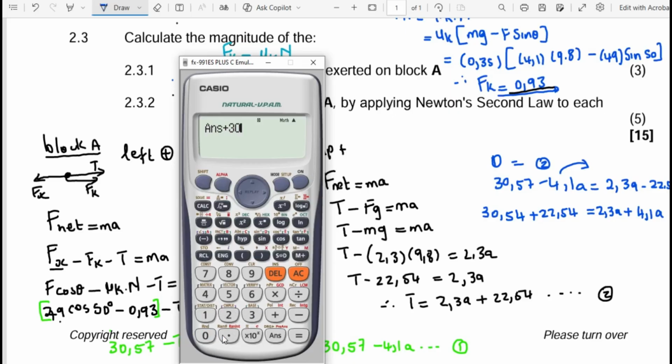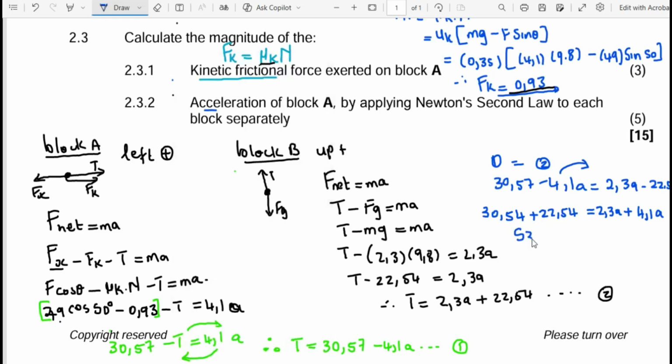This gives us 53.08. It equals, then I also need to add the other sides. So it's 2.3 plus 4.1.